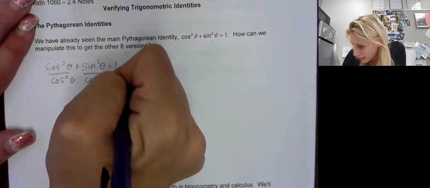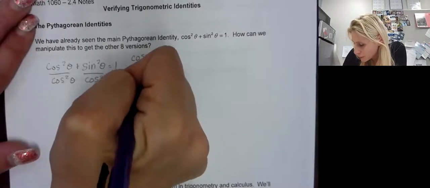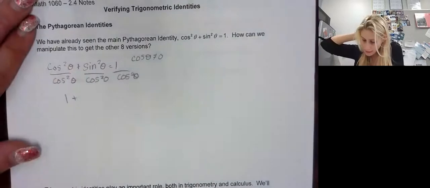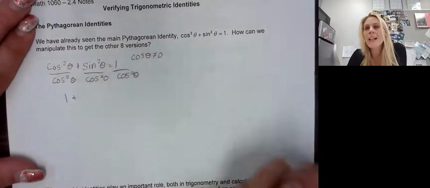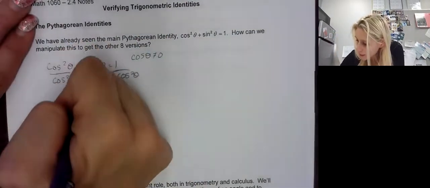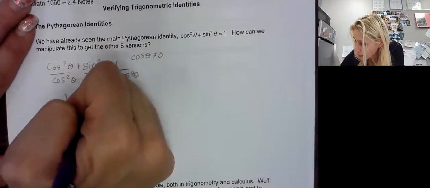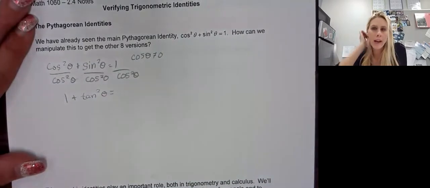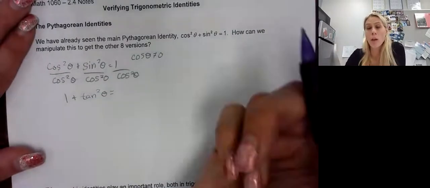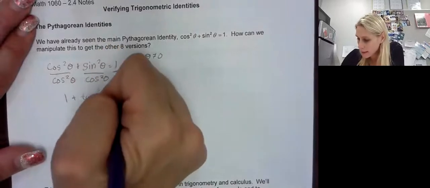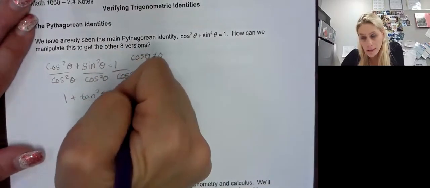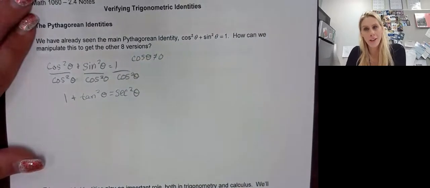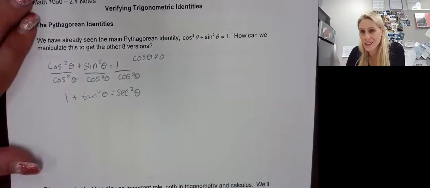And if you see, cosine squared over cosine squared is 1 plus sine squared over cosine squared. Well, sine over cosine is tangent, and since we're squaring those, we get tangent squared. And 1 over cosine is secant, but 1 over cosine squared would be secant squared. Don't forget the reciprocal. So there we have another Pythagorean identity, but we're using tangent and secant.